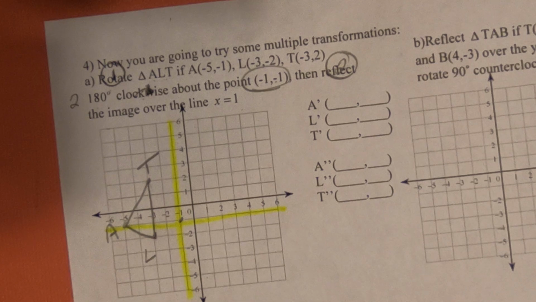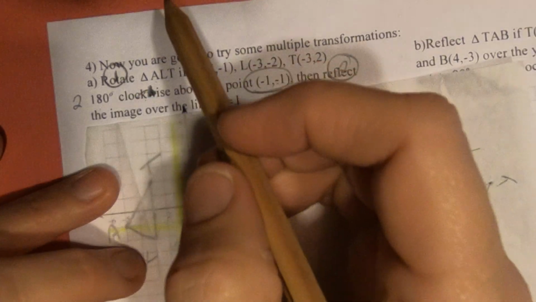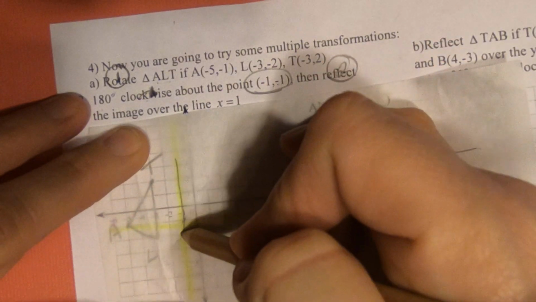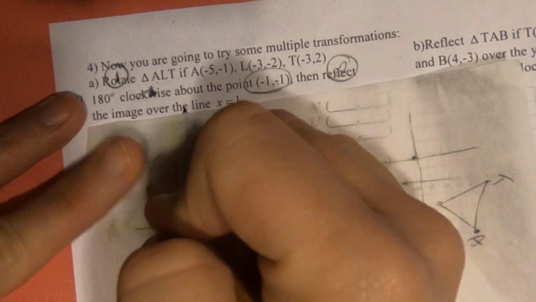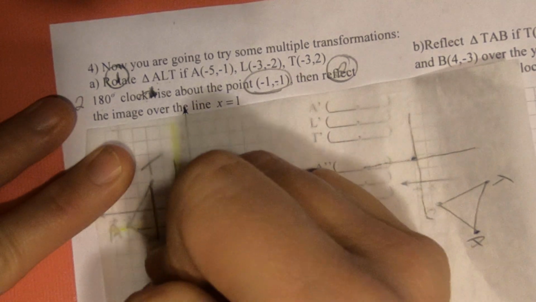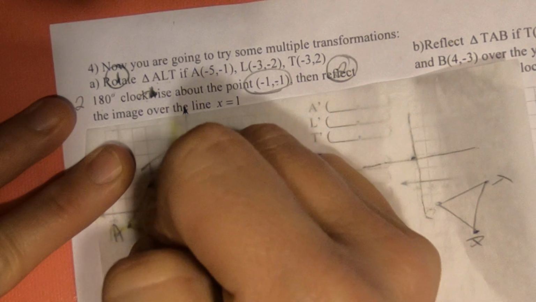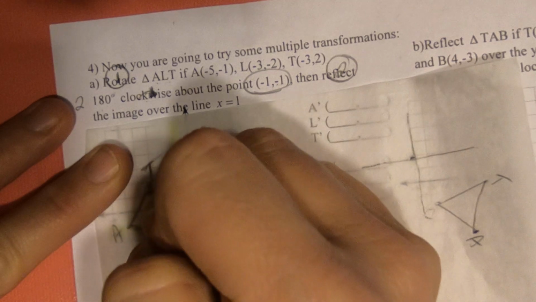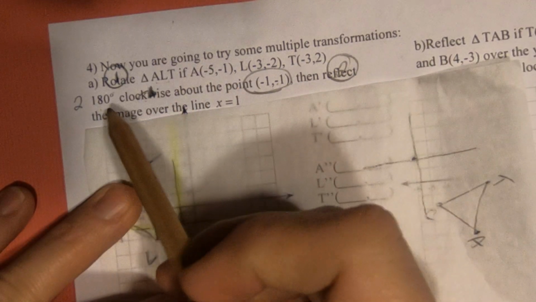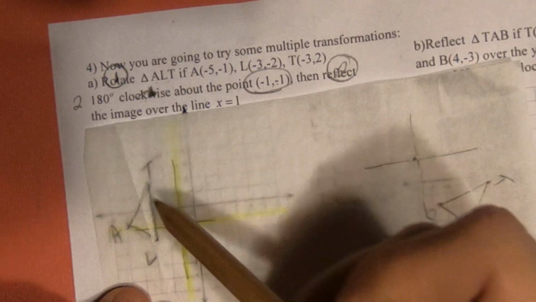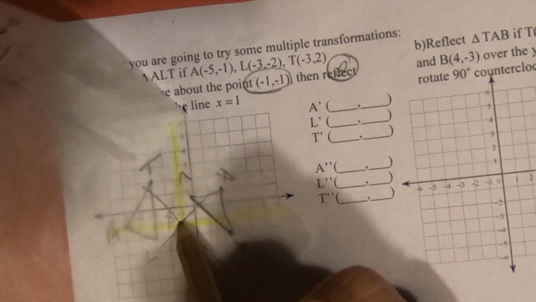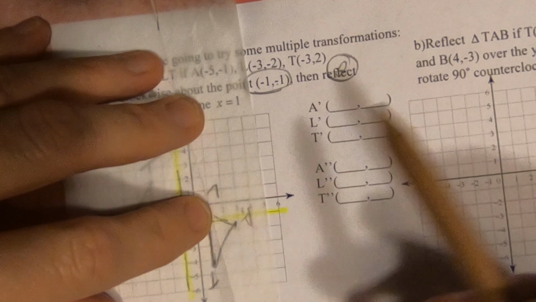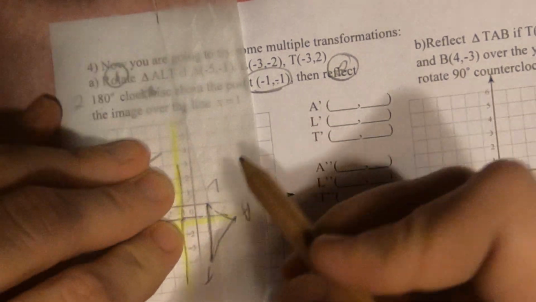Then, I recommend using patty paper for this. Triangle ALT. So we're going to go 2 turns to the right about this point. So I'm going to put my pencil there, hold it. There's 1, there's 2. Okay, and then you can lift and put your points underneath.